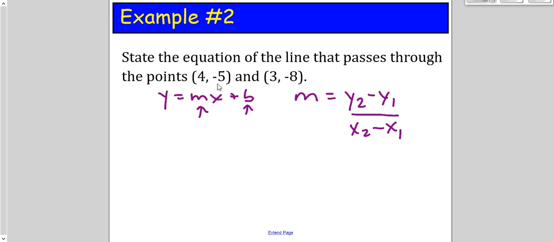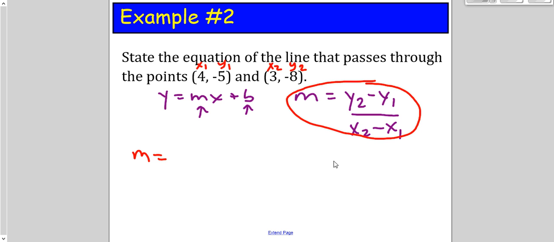If you're thinking about all these x1s and x2s, if we go to our first point, this is an x, this is a y, and because it's our first point, I would put 1s by there. Then this is our second point. Again, it's an x and a y, but because it's my second point, I'm going to put 2s by there. So it's just a matter of plugging the numbers into the appropriate places in our formula. Start with y2, so that's a negative 8, minus y1, y1 is a negative 5.